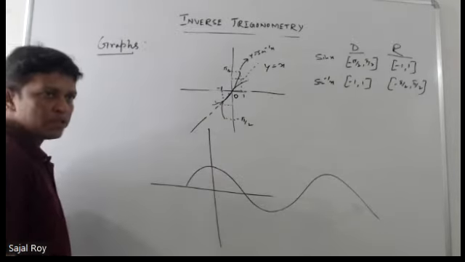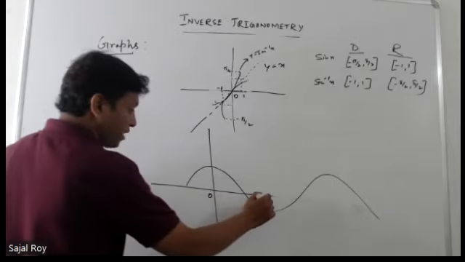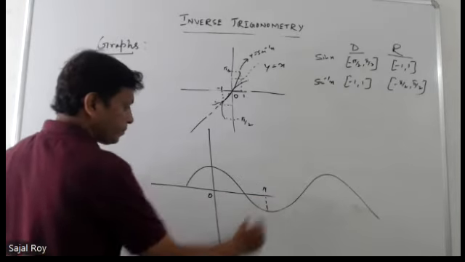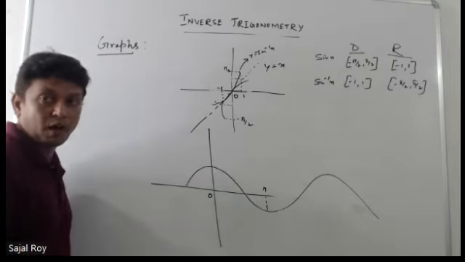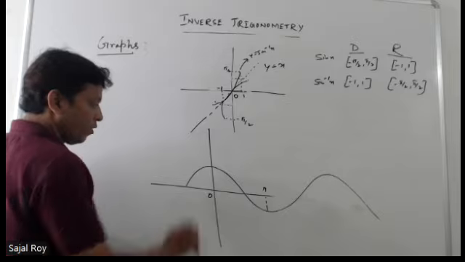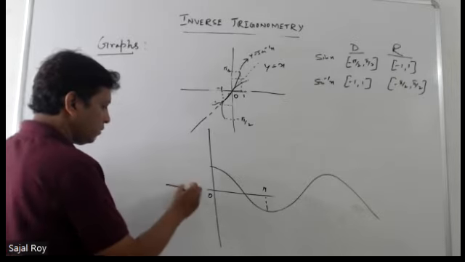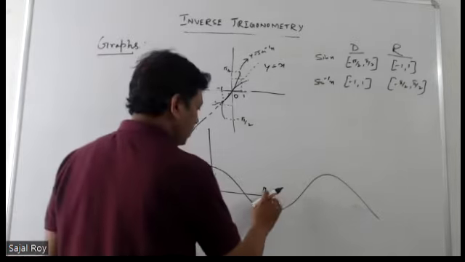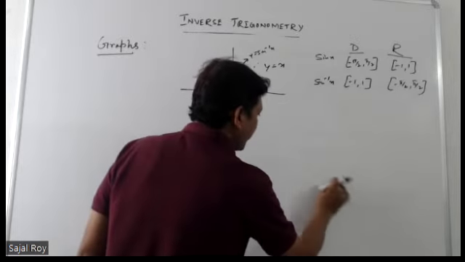You have to take the principal branch near the origin. If you take 0 to pi, this part is one-one and onto. If you take 0 to pi, right? Okay, so let me remove this part.